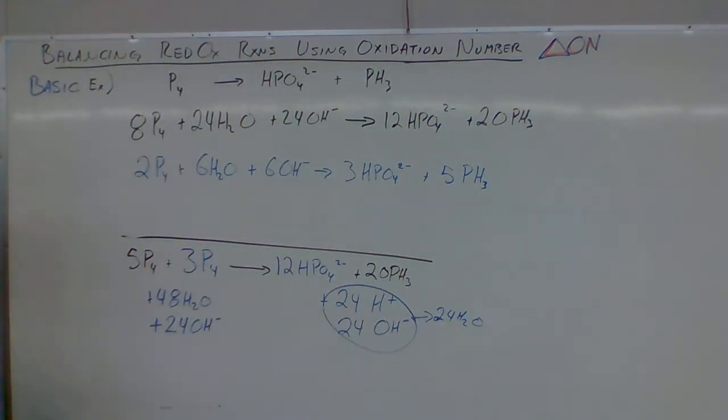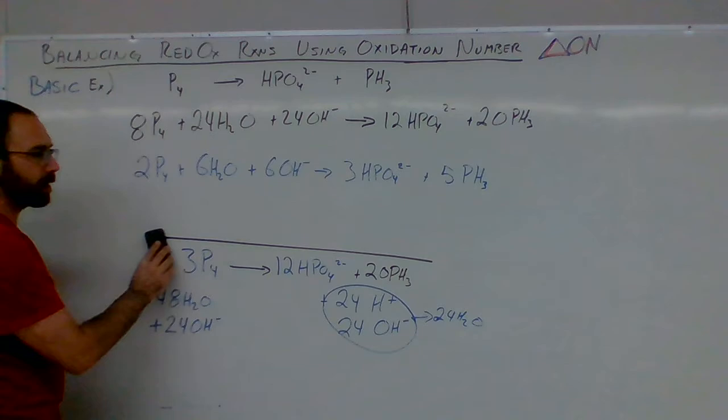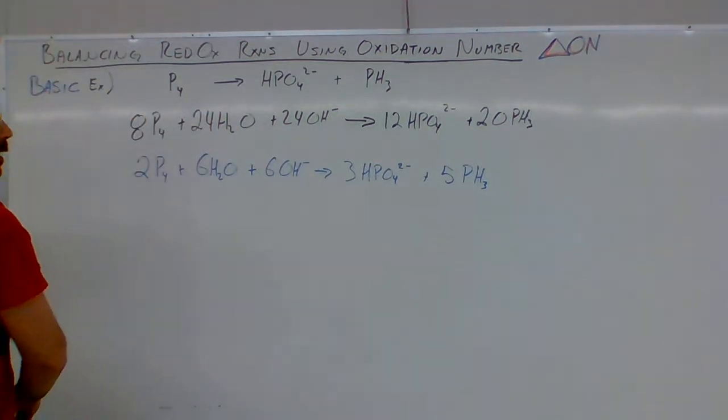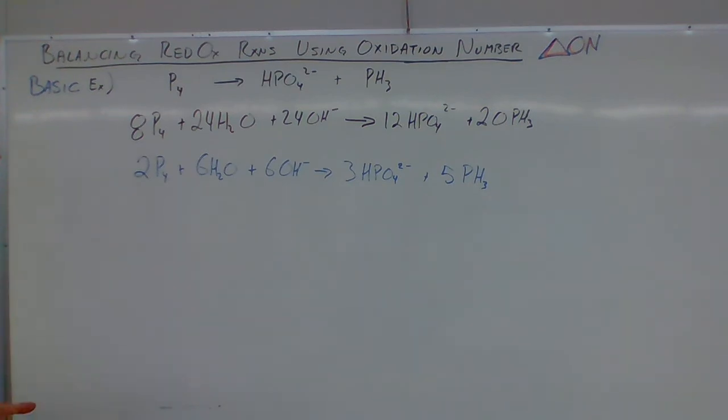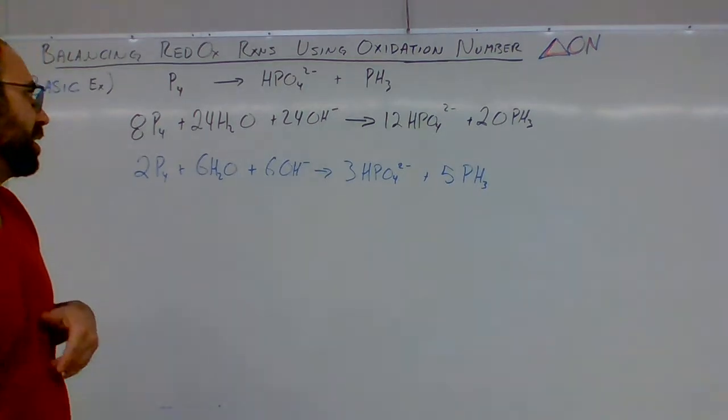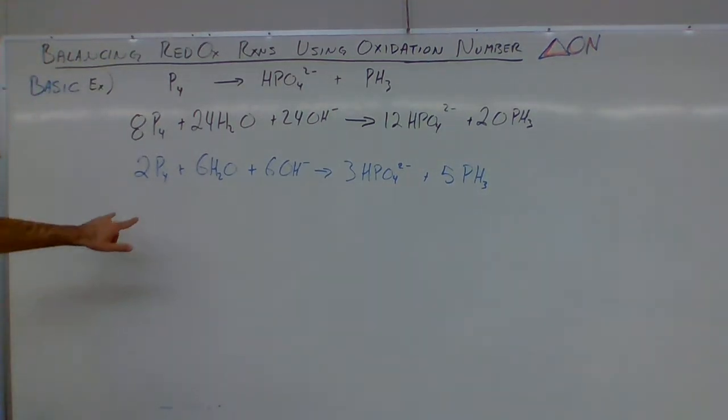Those simplified numbers will make it a little bit easier to double check to make sure everything balanced out. One thing we can check is our charge. I've got 6 negative and I've got 6 negative, so charges work out.